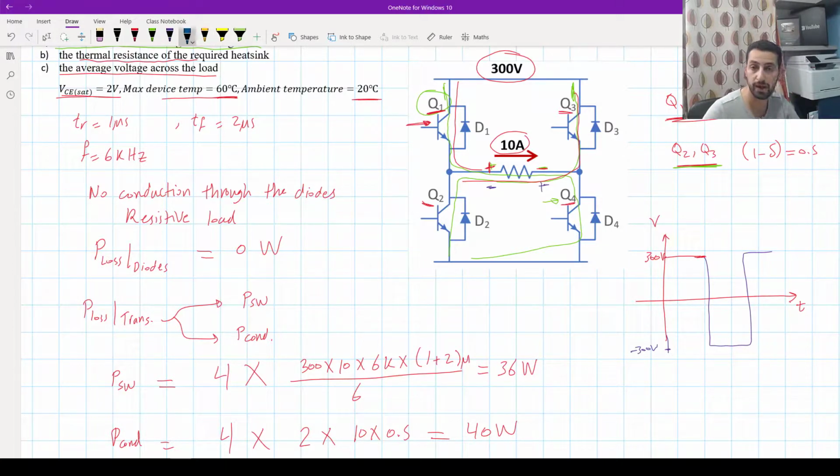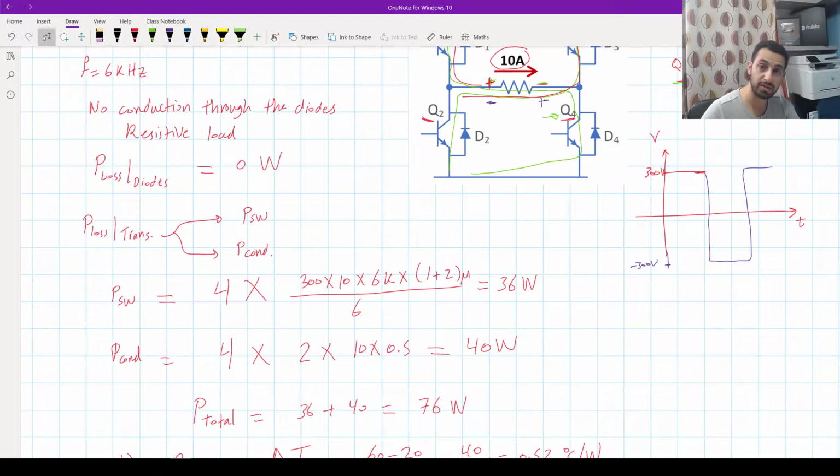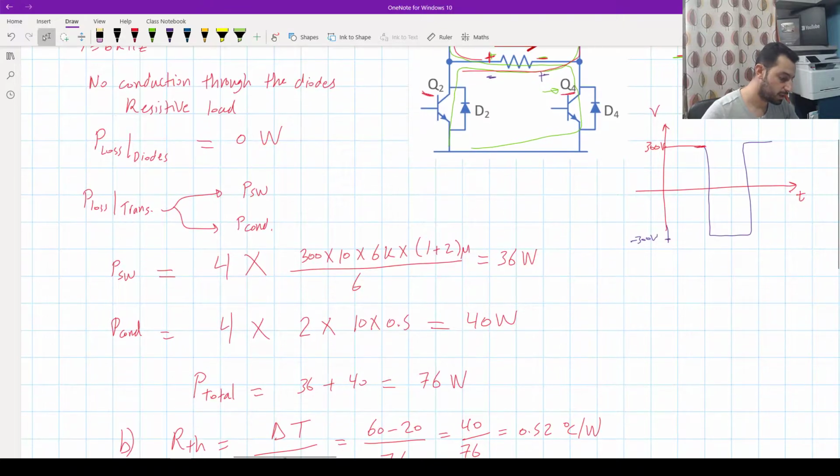I think you can go back to our lectures and look at the waveforms and how we calculate the Irms value and average value. I think that was in the first lectures. And you will find that the average value equals I peak multiplied by 2 delta minus 1.